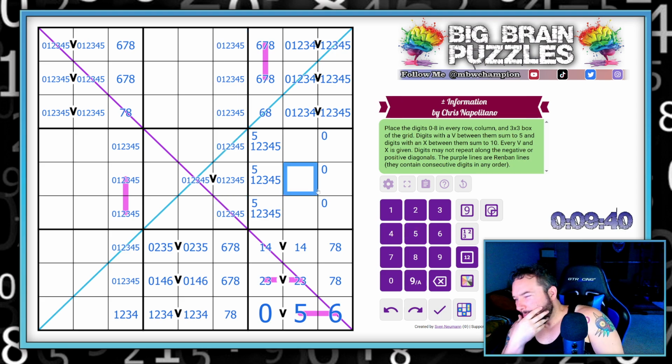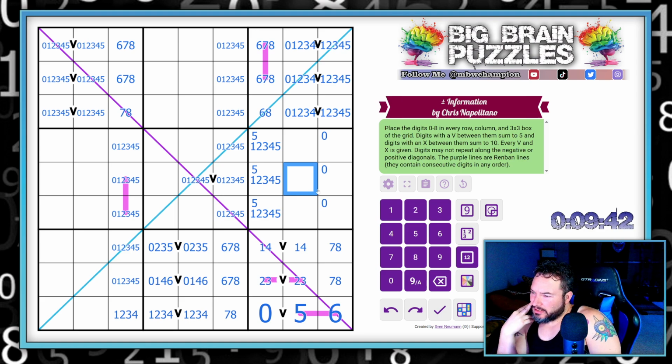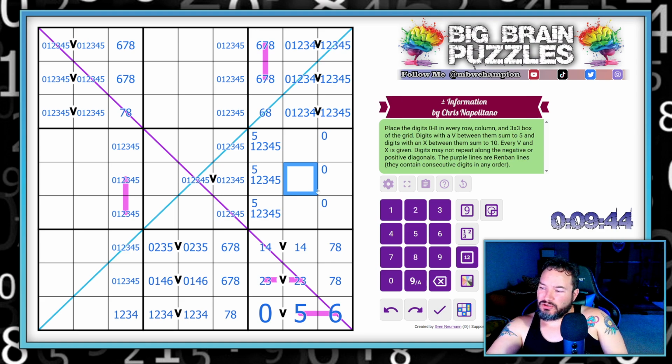Reason why I'm putting that: usually I wouldn't put too many pencil marks on here. The reason why I'm doing that is because I'm trying to see if there was going to be enough showing. Oh, yeah. This is exactly what I wanted to see. Okay.